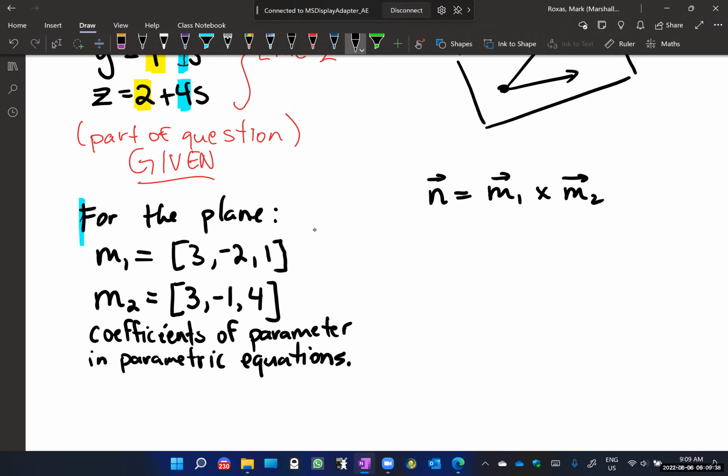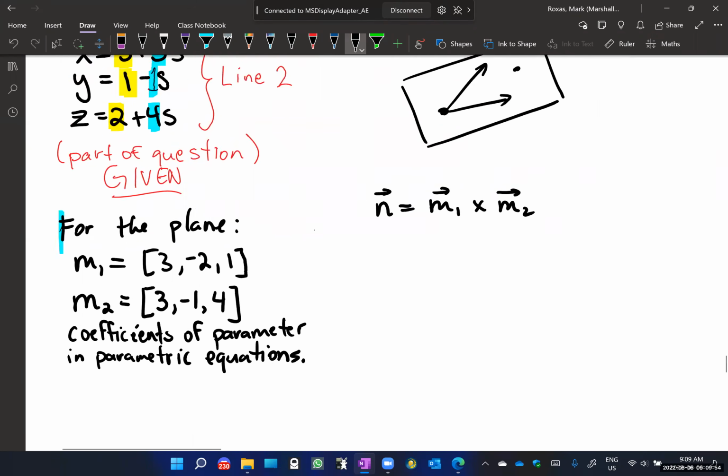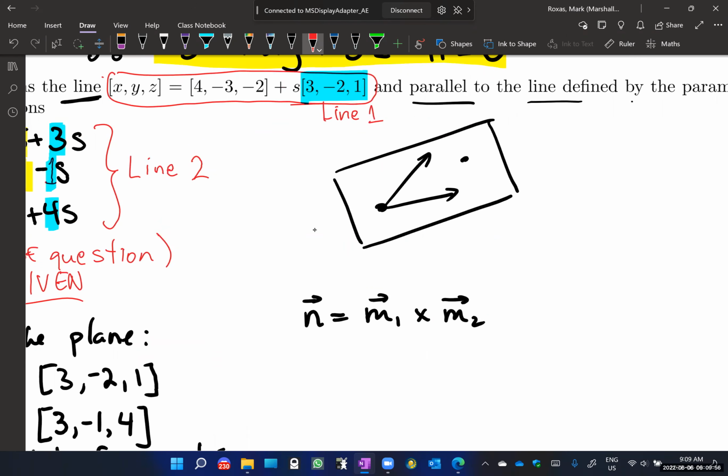These two direction vectors define the direction of that plane, which means their cross product will be automatically perpendicular to those vectors, which is perpendicular to that plane.